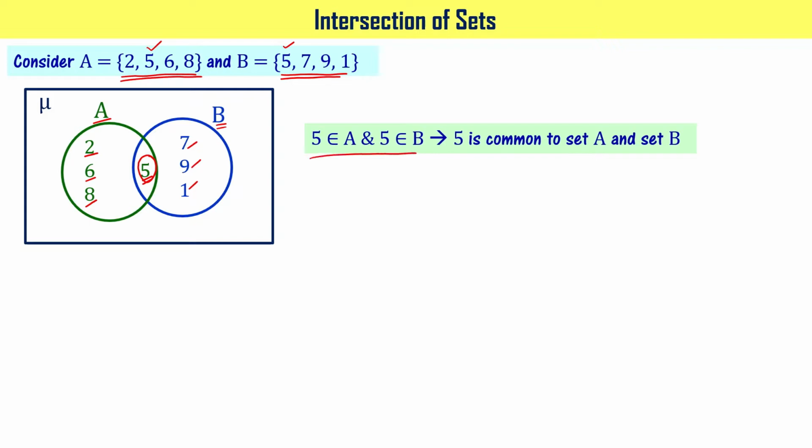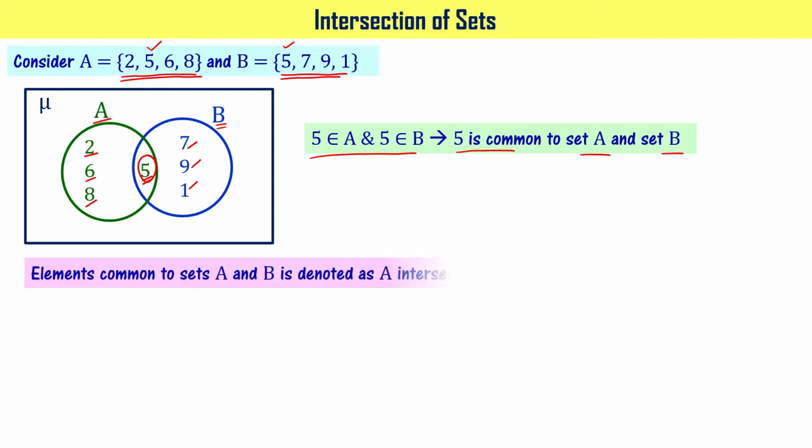That's why in the Venn diagram, it is common to both the sets A and B. The point you have to note here is that the elements common to sets A and B are denoted as A intersection B. That is mathematically represented as shown here. This is called A intersection B. It means A intersection B is a set of elements common to sets A and B.